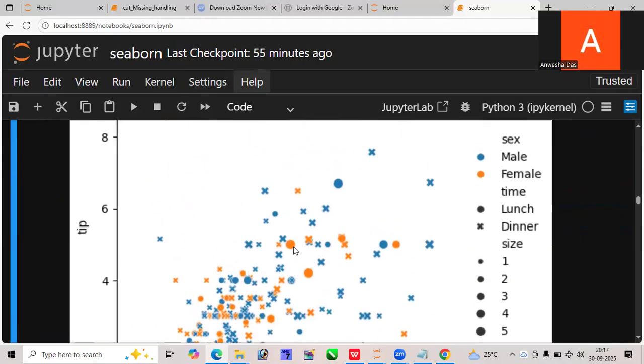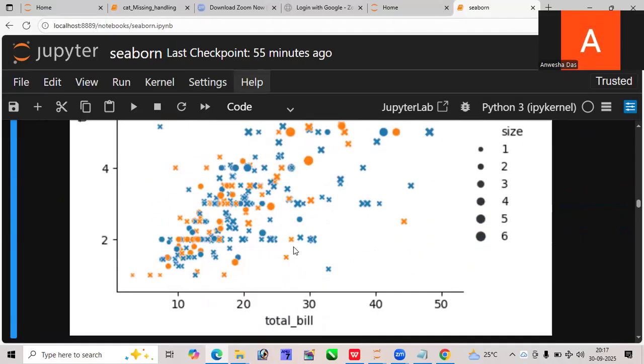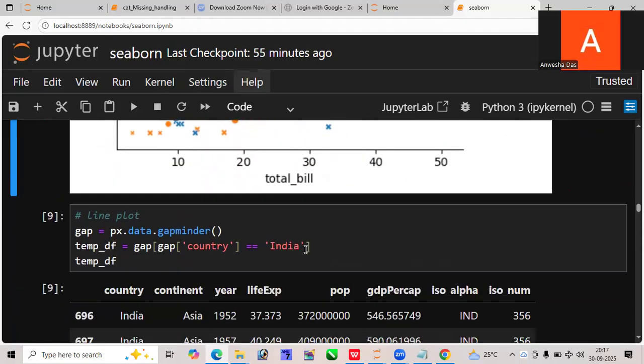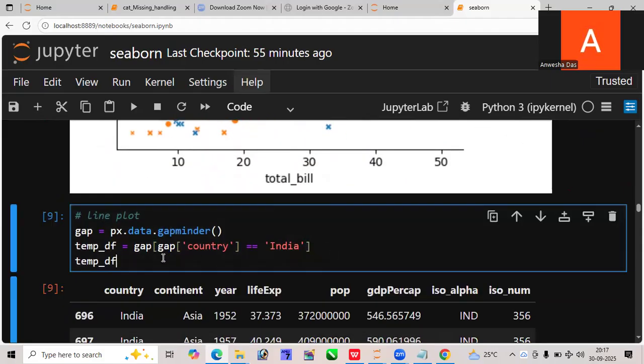Now, I want to create a line chart. For that, I simply load a dataset from Plotly, so I have written px.data.gapminder.